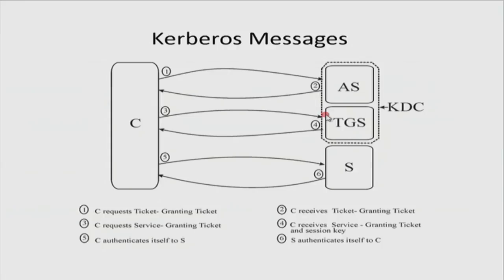You get the SGT together with a session key. And then it also produces a ticket which contains the session key for the server. That is then sent to the server, and the standard mutual authentication between the client and the server requires fewer messages because you're using timestamps rather than nonces. So this is basically how Kerberos works.